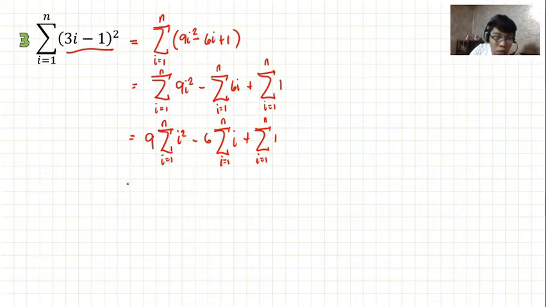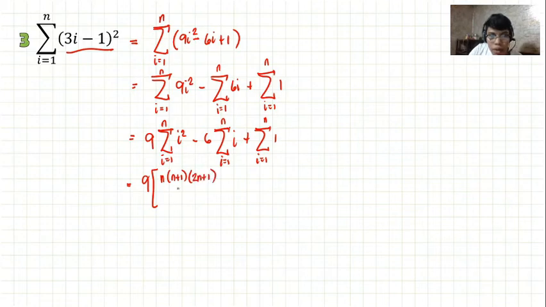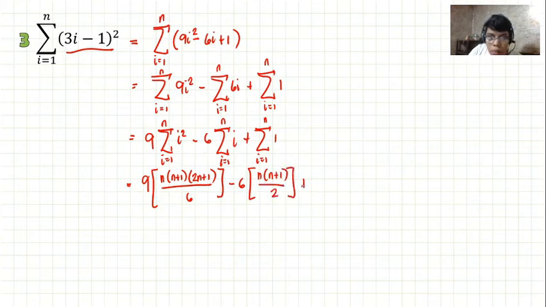This is equal to 9 times n times n plus 1 times 2n plus 1 all over 6. Right? Then we have 6 times n plus 1 all over 2, plus 1 times n minus 1 plus 1. Okay? So you have it there.